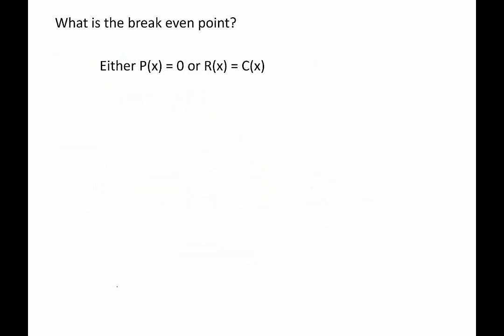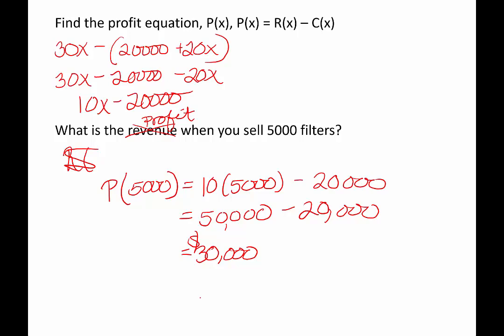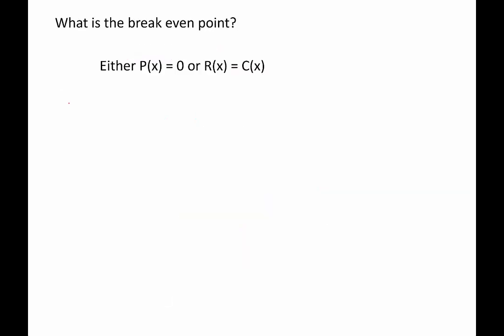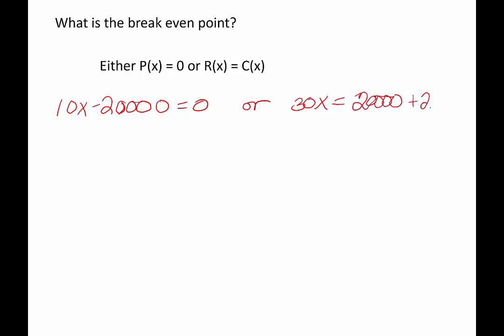And then what's next? What is the break-even point? Either profit equals 0 or revenue equals cost. So profit equation is 10x minus 20,000 equals 0. Or my revenue, 30x, equals 20,000 plus 20x. 10x equals 20,000.